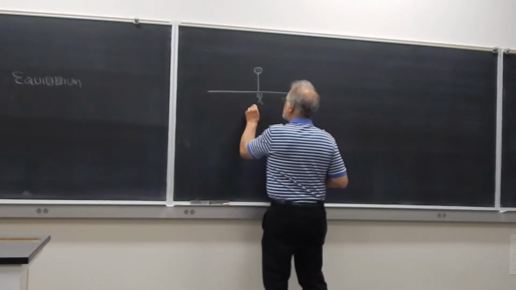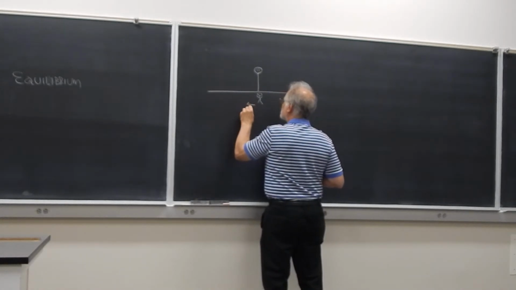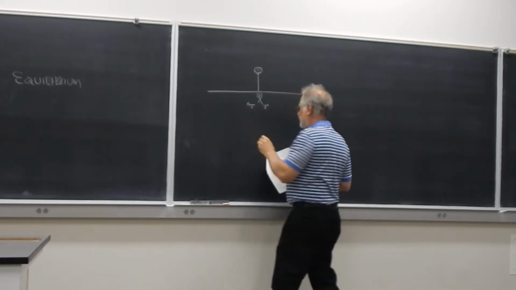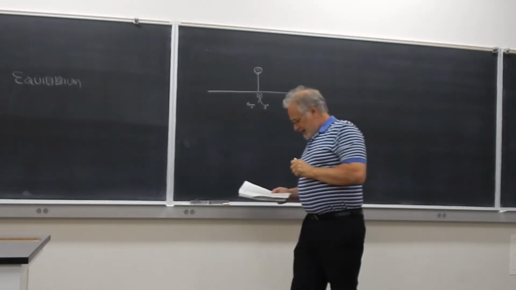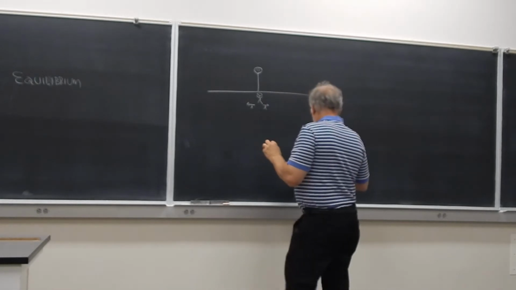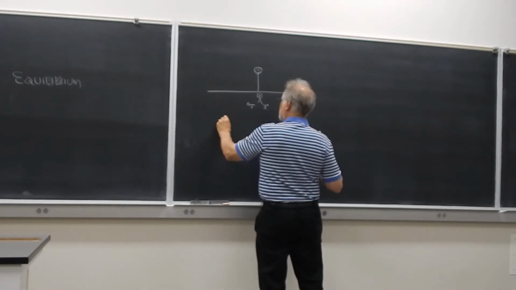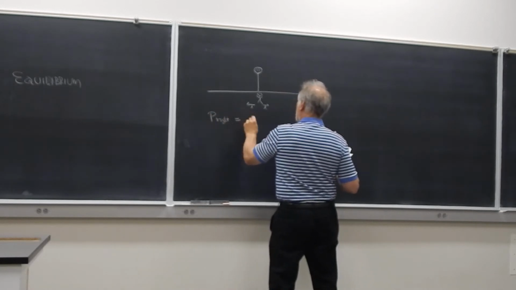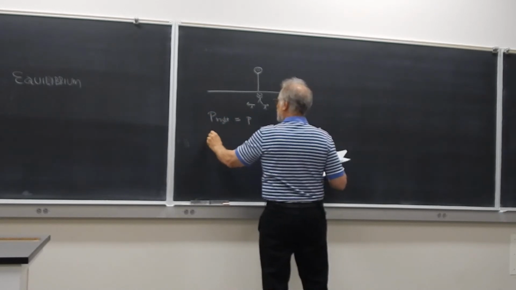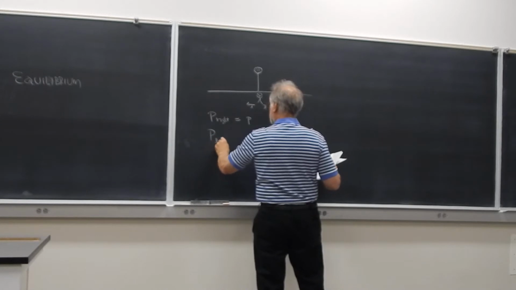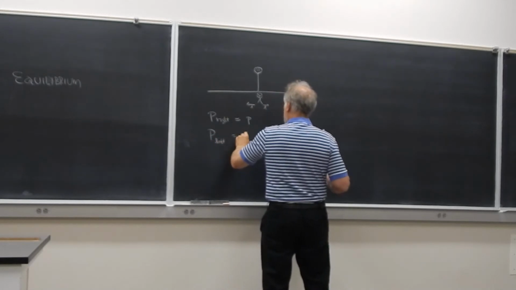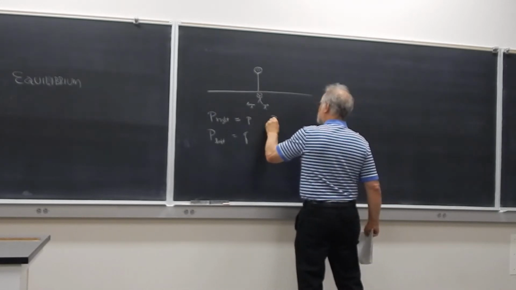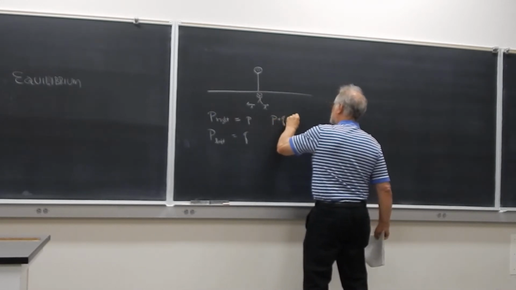Let's say that every step he takes, whether it's to the left or to the right, has some length L. Let's call the probability of him making a step to the right P, and let's call the probability of him making a step to the left Q. And of course, he's going to make a step either way, so the sum of the probabilities has to equal 1.